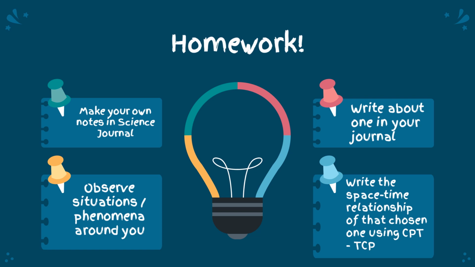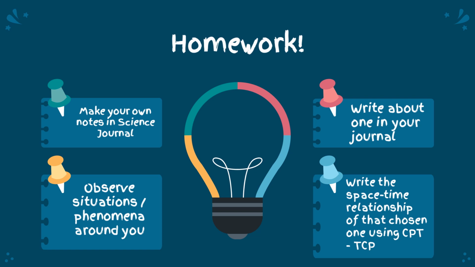If you are a bit lost, remember our example just now is the melted ice cream. That is one situation or phenomenon where you can see the relationship between space and time. You may try looking at an ice cube melting. That's quite easy.